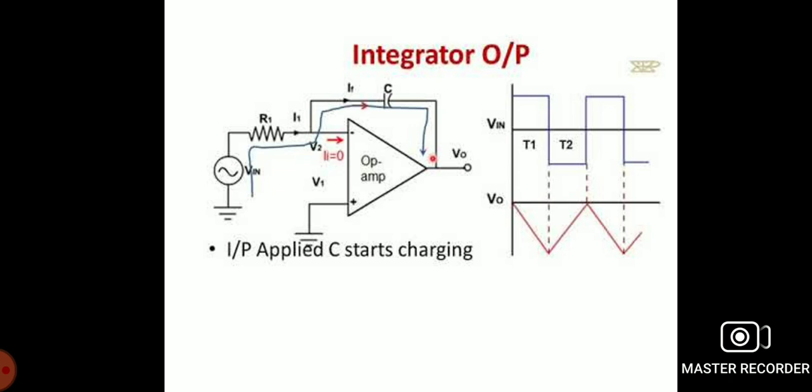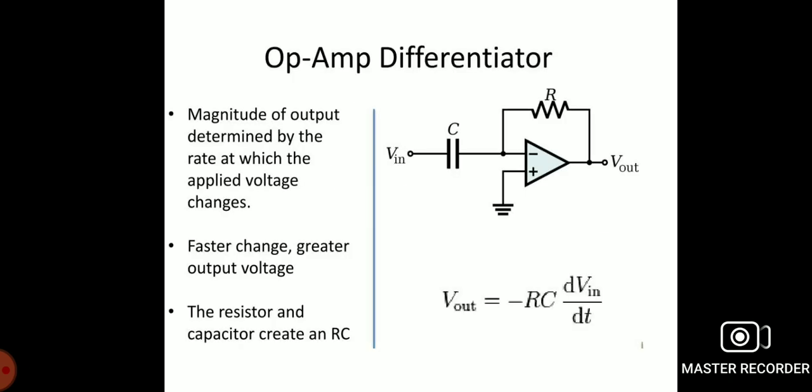Then the differentiator produces an output which is equal to the differential of the input voltage that is applied to the inverting terminal. So the non-inverting input terminal of the op-amp is connected to ground.